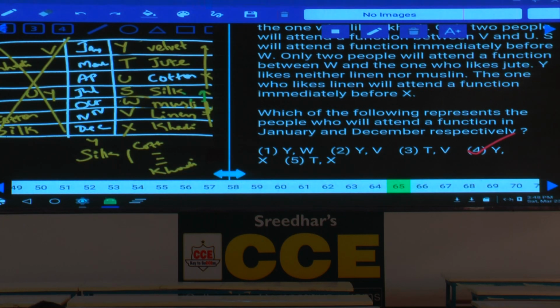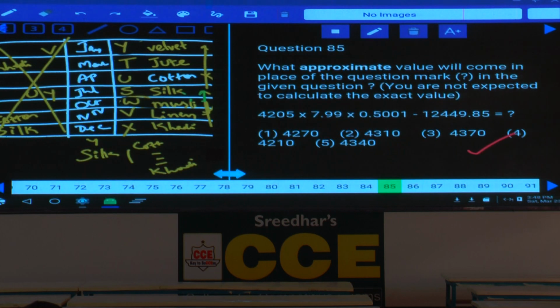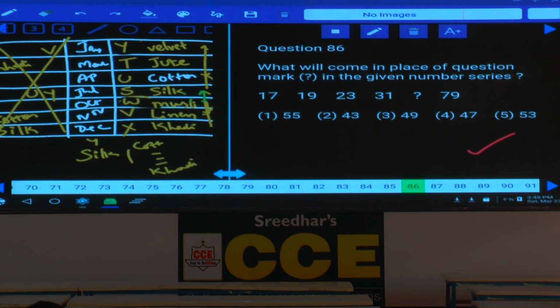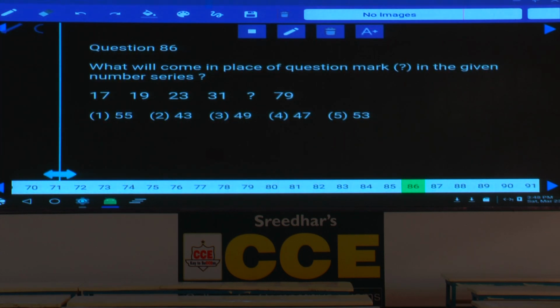Number series completed? Now number series, question numbers 51 to 55. In question number 51, 17 and 19: the difference between these two numbers is 2.